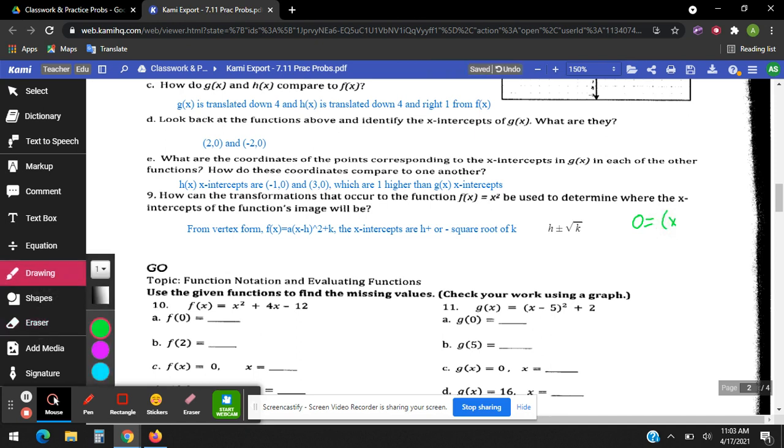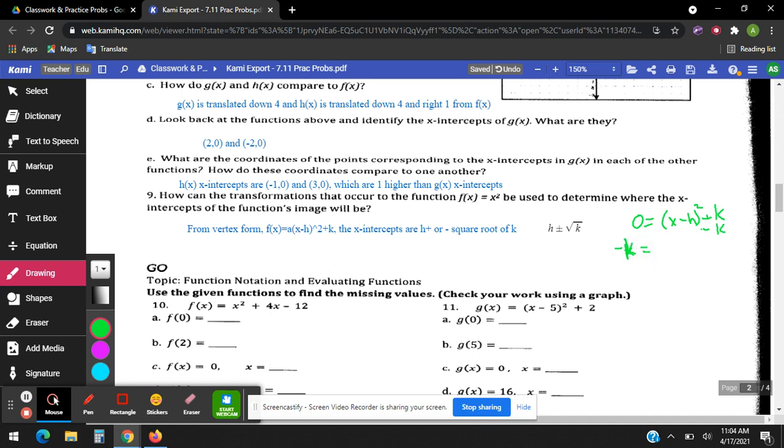We had x minus h squared plus k. So we subtract k from both sides, minus k, and then we have to take, oh, I forgot the negative in there. Yeah, good thing I'm showing the math.